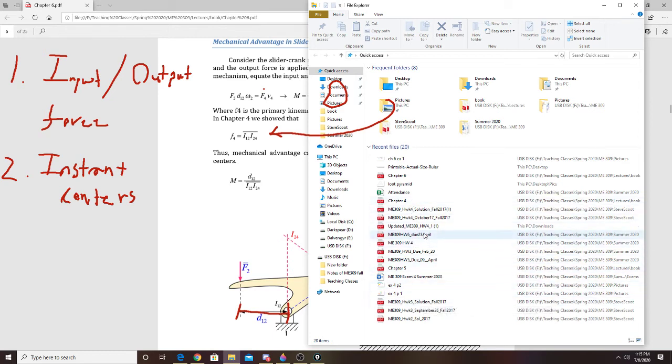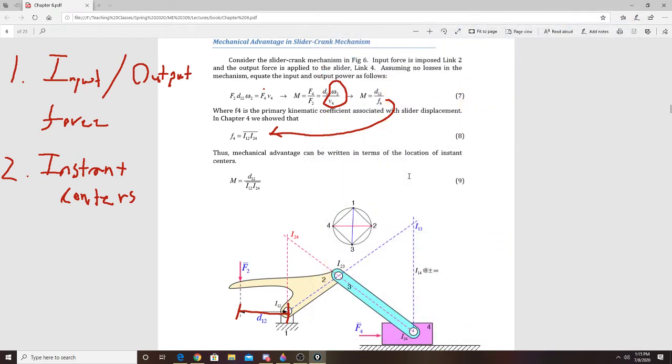Chapter, whatever, it doesn't matter, you can find it. I think it's in chapter 3. It's the first time we did the velocity and acceleration analysis, where they defined F4 as this. If I find it, I'll pull it back up here. I'll move it over because I'd rather show it than not.